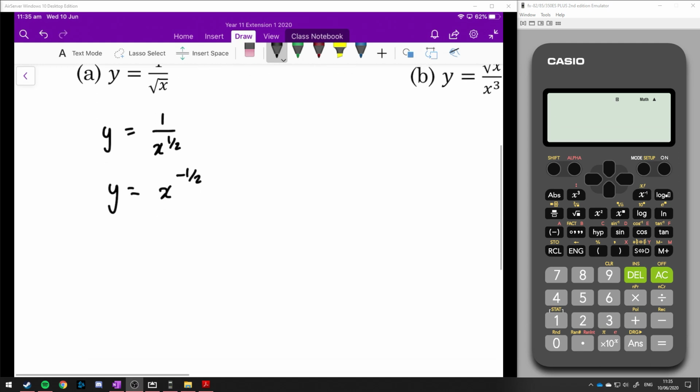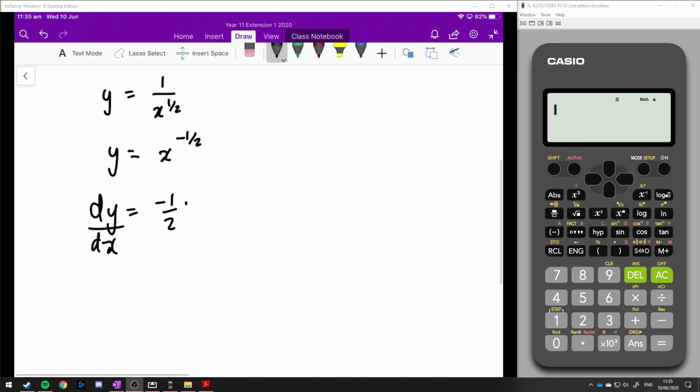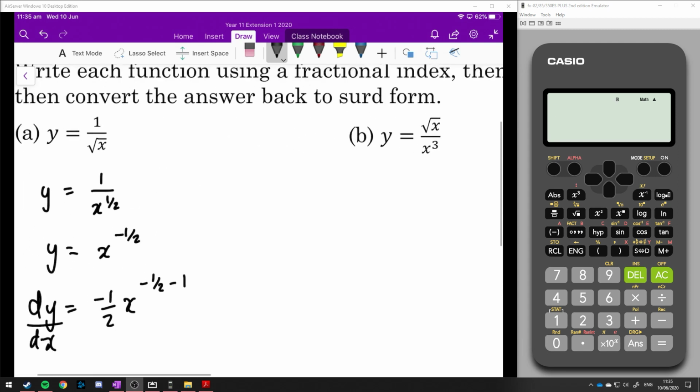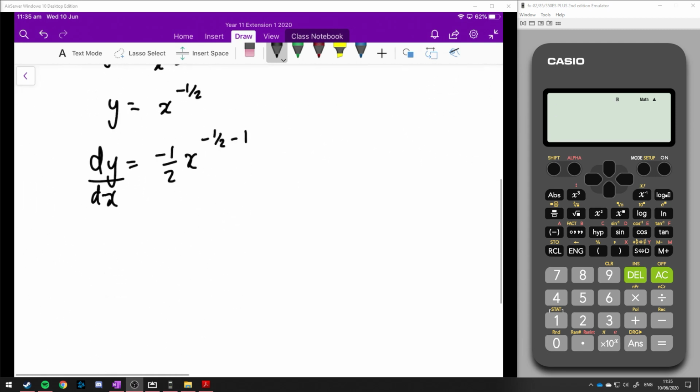So if y is equal to x to the power of negative half, we're going to take the negative half down the front for our dy/dx. Okay, so our derivative: negative half comes down the front, we get an x, and then we're going to subtract 1 from the top, so it's going to be negative a half minus 1, so it's 2 over 2 in this case. So dy/dx is equal to negative a half x to the negative 3 on 2.